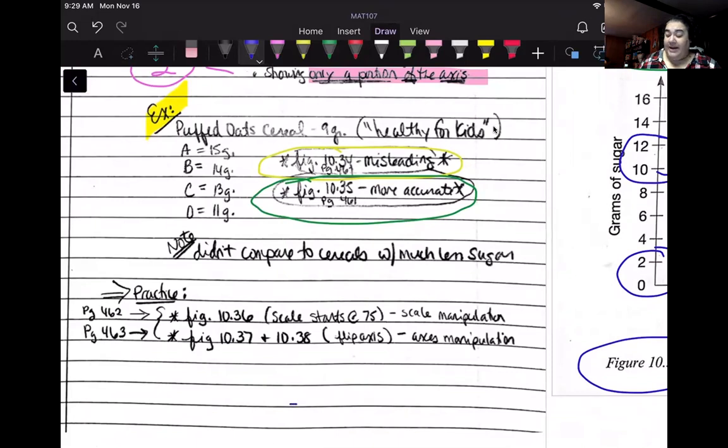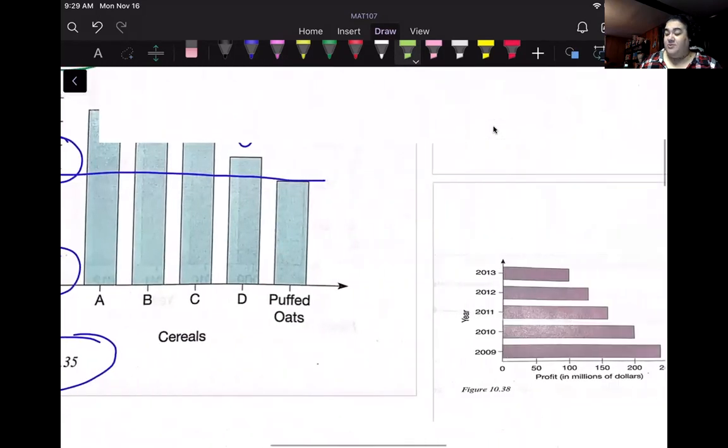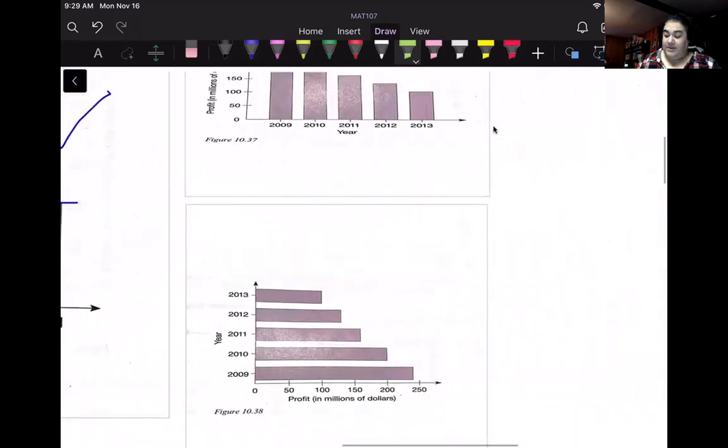Now you can practice, and here on this video, I'm going to show you these and you can go ahead and practice yourself. Okay, if you take a look at this graph in your textbook and this one, see if you can determine what is being manipulated on it. Okay, and these are the graphs right here, the ones that they're telling you to look at.